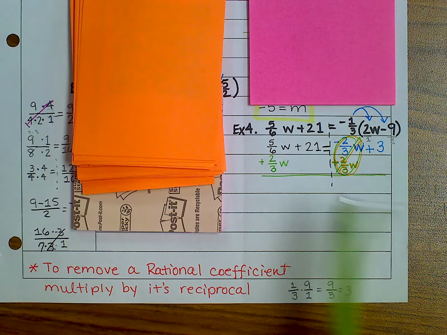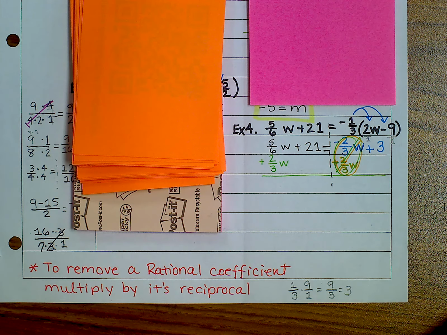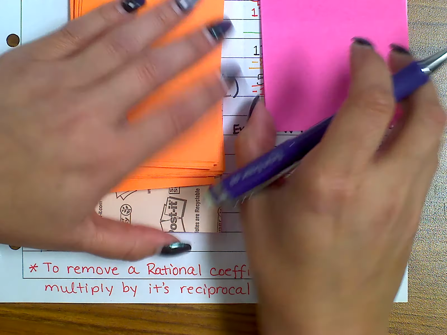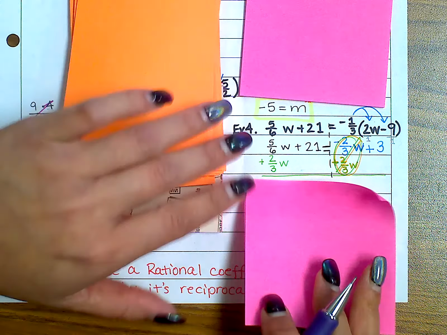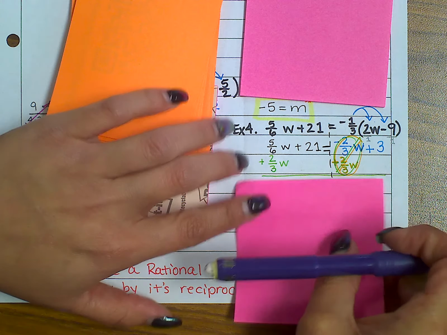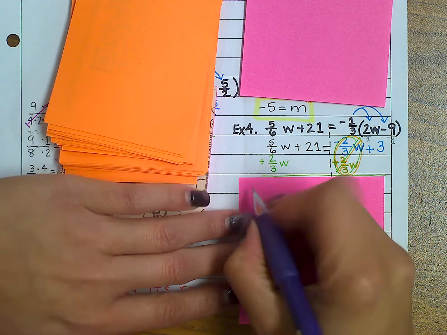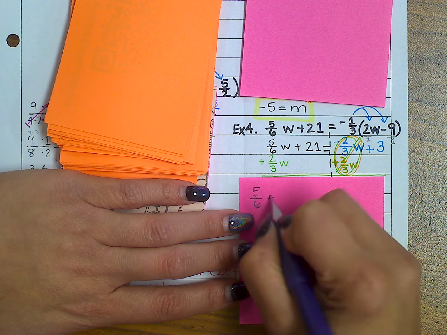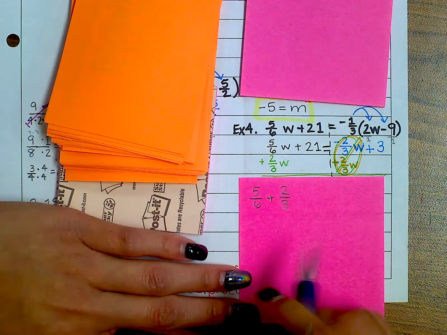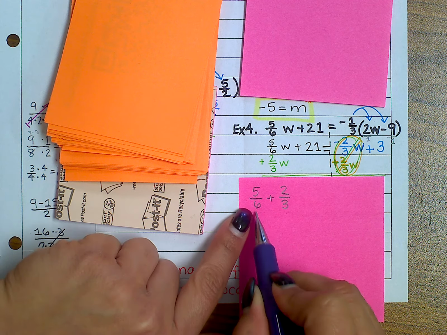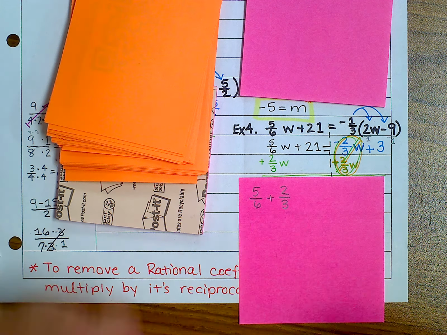Okay, well, I have different denominators. So that means that I'm going to, since I have a nice, pretty Post-it right here, why not use that? Let's change. So if I have 5 over 6 plus 2 over 3, it would be much easier to change my 3 into a 6 rather than having to divide to change my 6 into a 3.